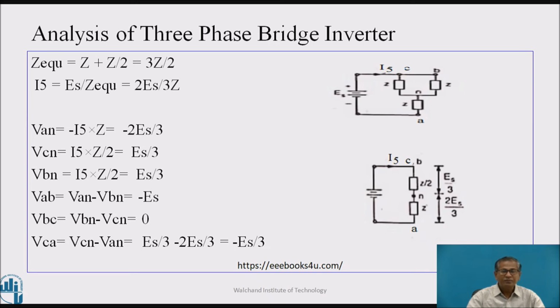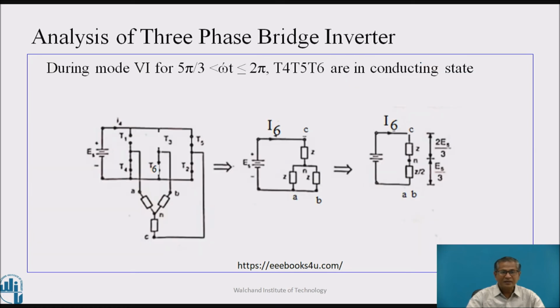So, for this mode, VAN is equal to minus 2 ES by 3, VCN is equal to ES by 3, VBN is equal to ES by 3, VAB is equal to minus ES, VBC is equal to 0, and VCA is equal to VCN minus VAN, which is equal to minus ES by 3.